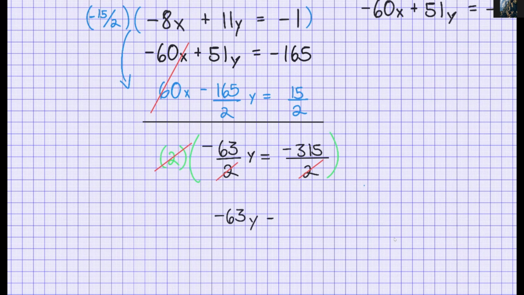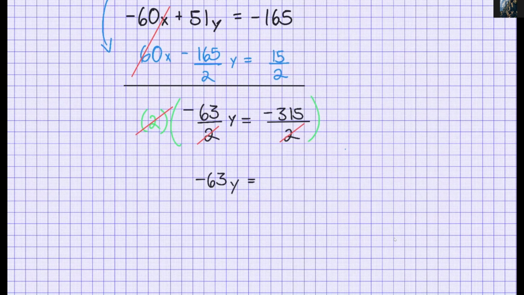That is negative 63 y equals negative 315. This negative 63 is multiplying, so it will go to the other side, dividing.